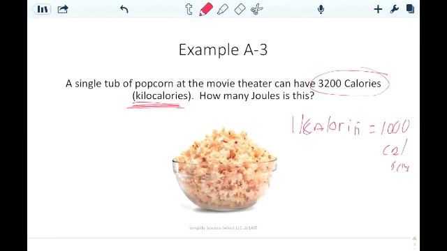And then our conversion factor from before is that 4.184 joules equals 1 calorie.